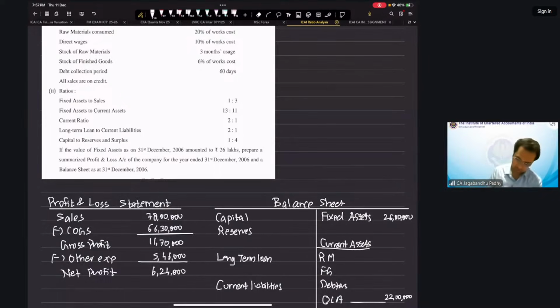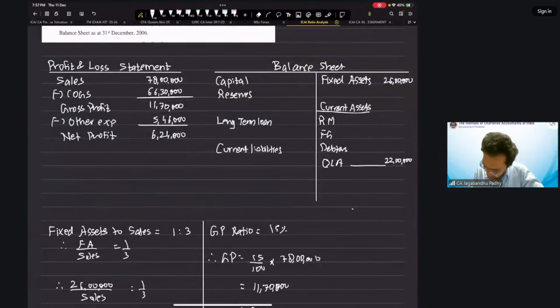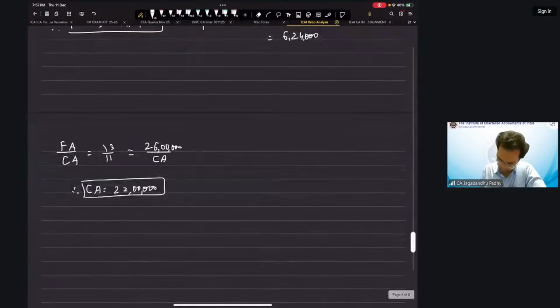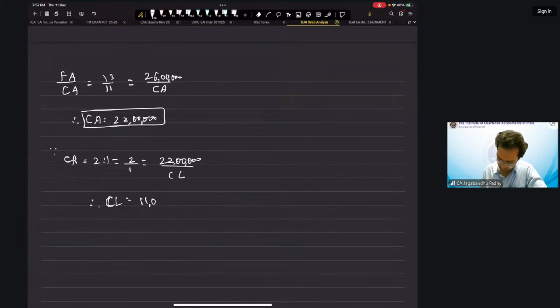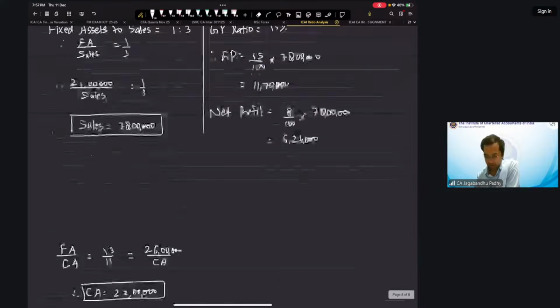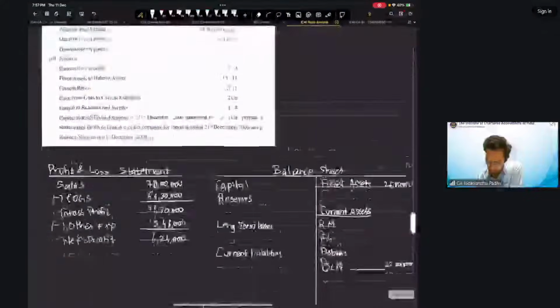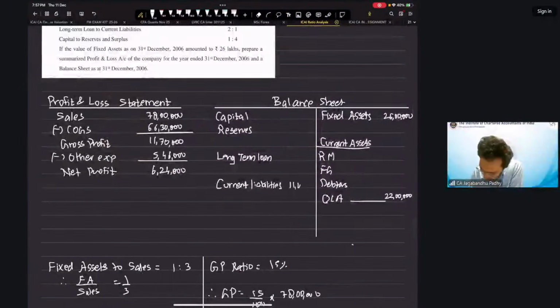Current ratio is 2:1, so obviously we can arrive at current liability. Since the current ratio is 2:1, 2 upon 1 is going to be 22 lakhs upon current liability. Current liability is 11 lakhs.